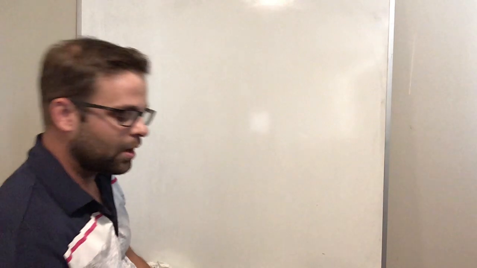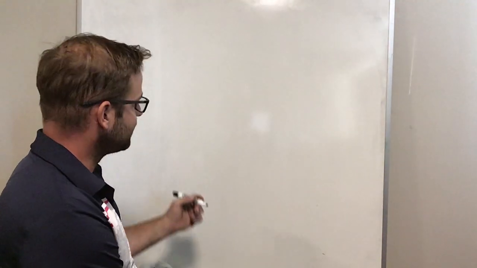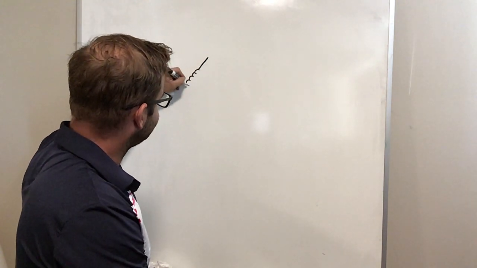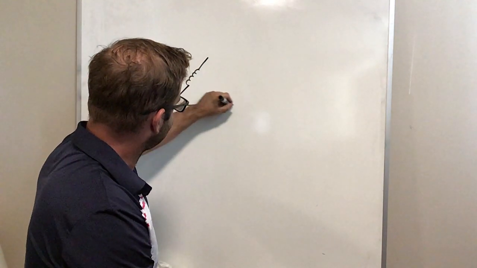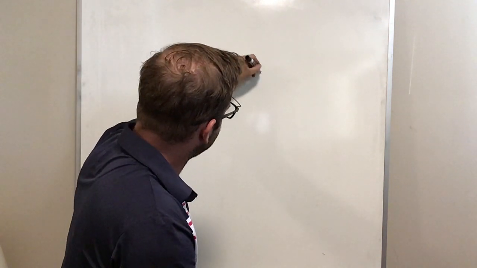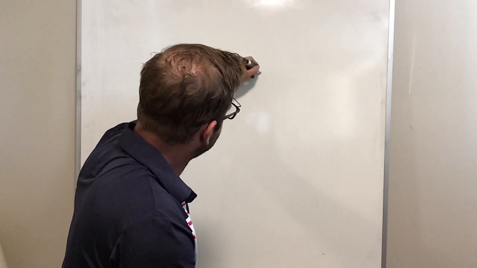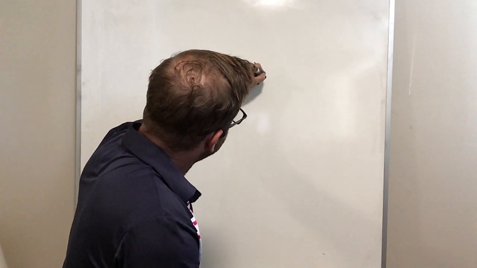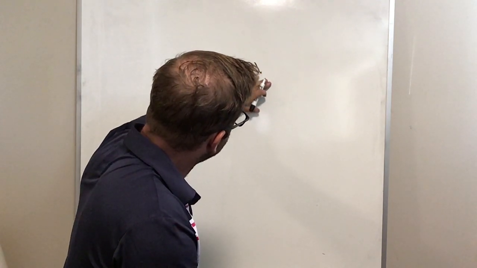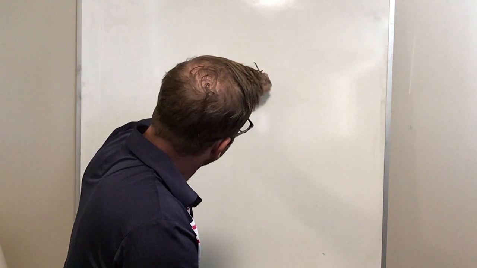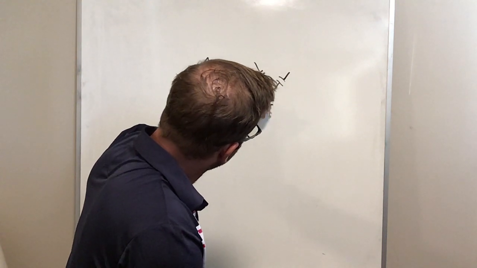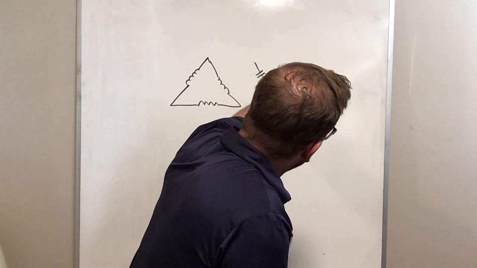Okay, so I'm going to do one with a resistive and an inductive. Let's do a capacitive load. So we're going to do delta, and as we said, capacitive in Y, and we're going to do a resistive value.